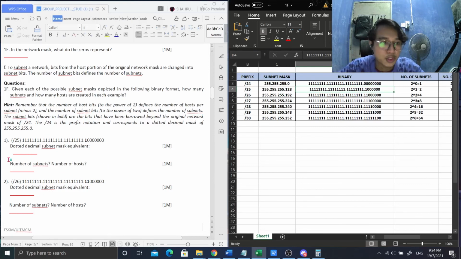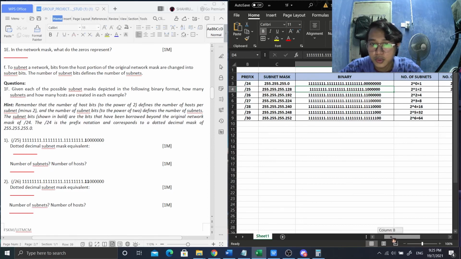So in question 1, the prefix is /25. We have been given the binary to find the decimal subnet mask equivalent, number of subnets, and number of hosts.